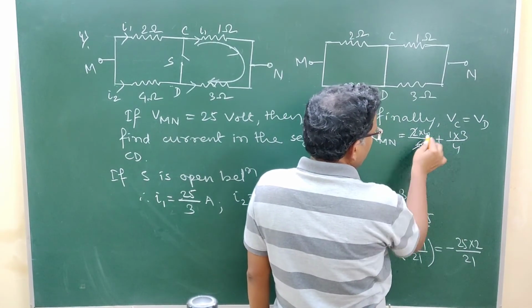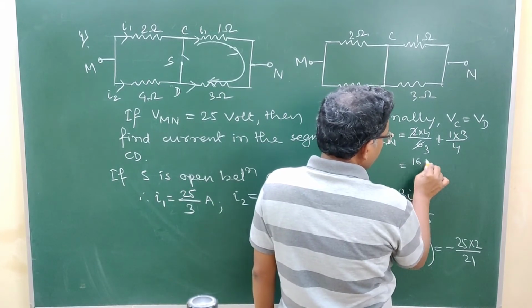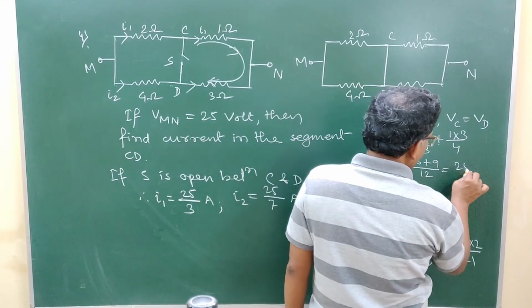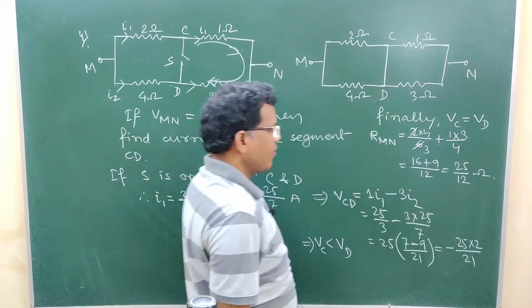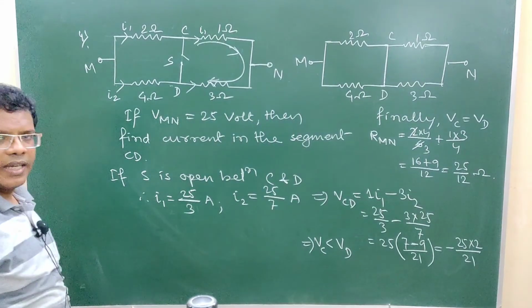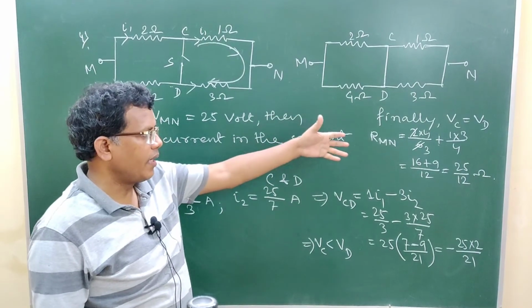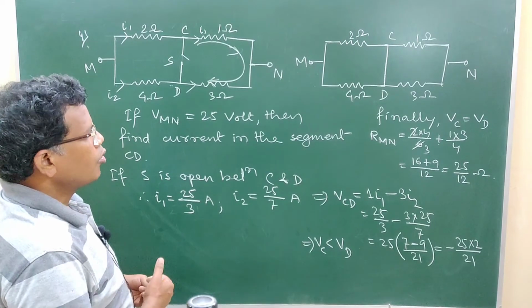So that means 4 by 3 plus 3 by 4. So 16 plus 9 by 12 means it is 25 by 12 ohm. The new effective resistance between M and N becomes 25 by 12 ohm.